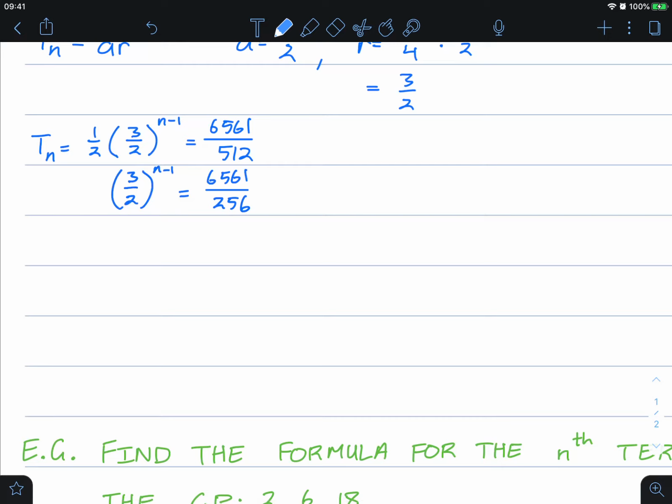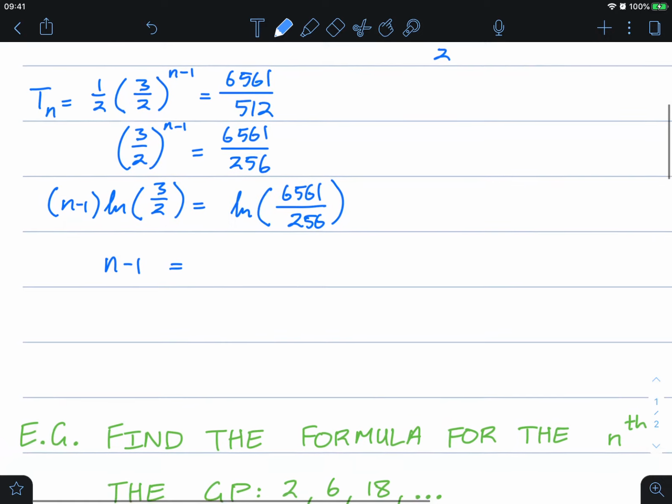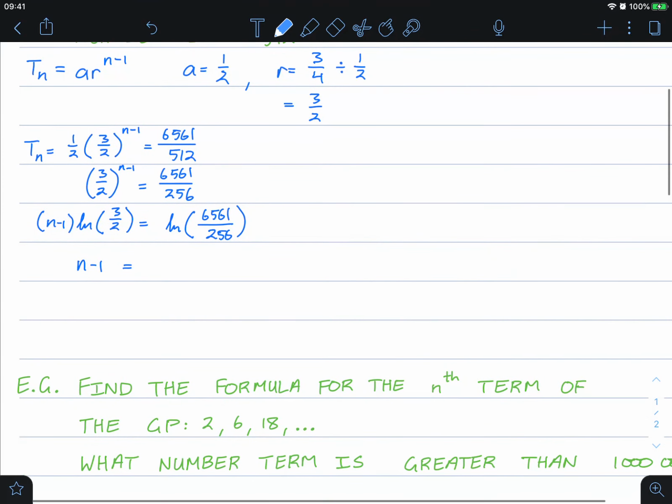Here's where some log laws will apply. I'm going to take the natural log on both sides, so ln of 3 over 2. The power becomes the coefficient, and I take the ln of the right hand side as well. Dividing by ln 3 over 2, we're left with n minus 1 equals, okay, here's where it gets really tight, so I'm just going to move this on this side here.